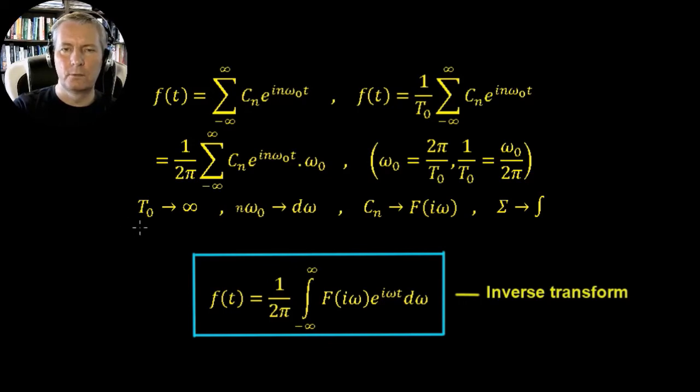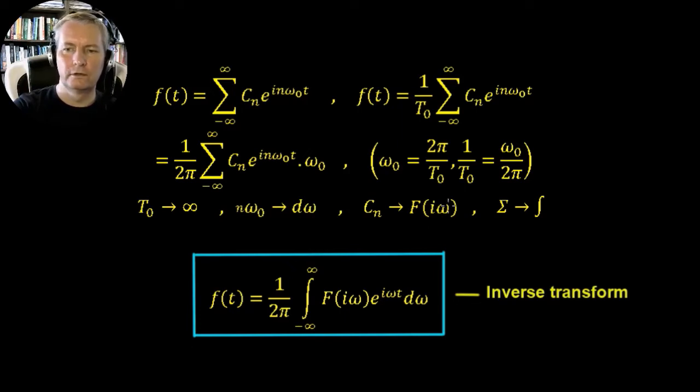But now we know that the period is going to tend off to infinity. So as that period tends off to infinity, we know that the number of components tends off towards infinity. So it means that this discrete n omega naught will tend towards a continuous variable omega. So we can replace this omega naught with our d omega.